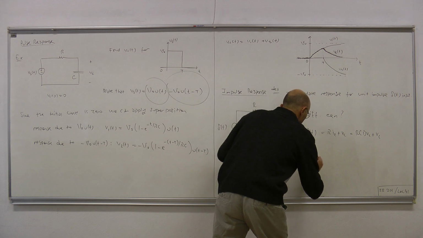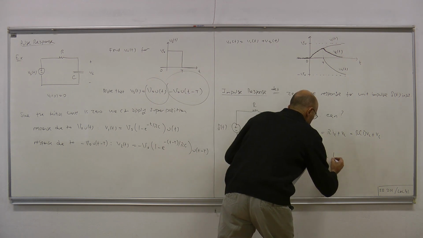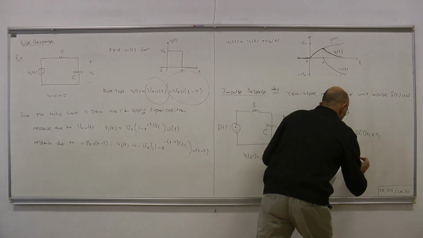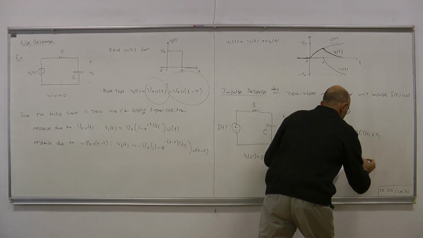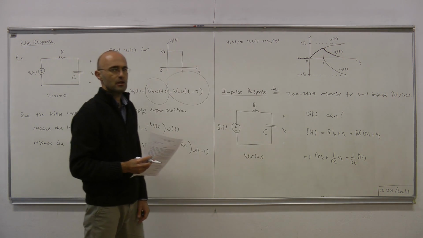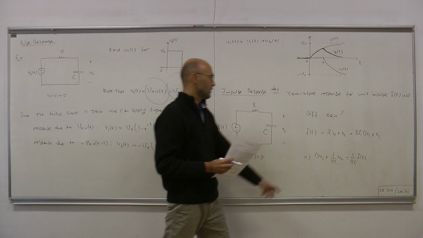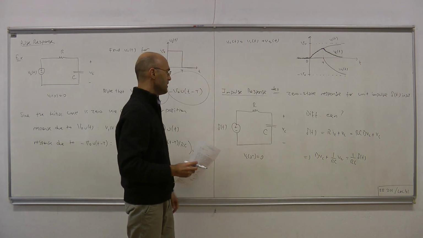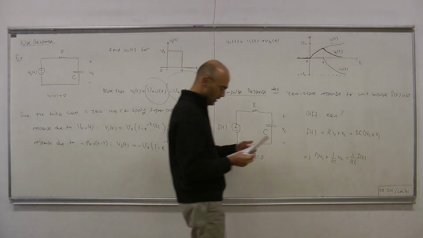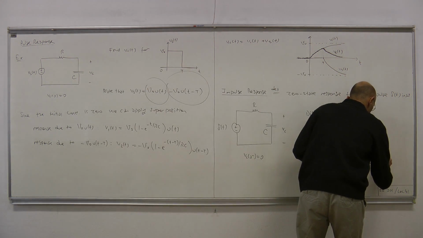Therefore, dVc/dt plus 1 over RC Vc equals 1 over RC delta t. So that's the differential equation describing the evolution of Vc of t for the input delta t. Let's call it equation 1.